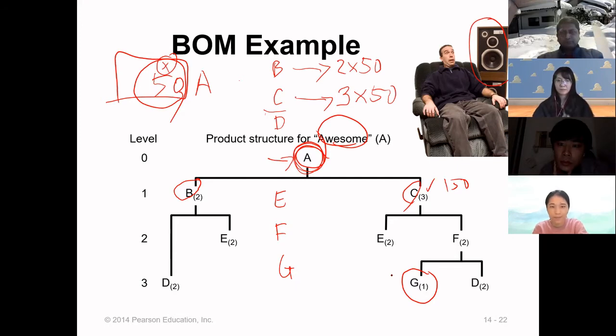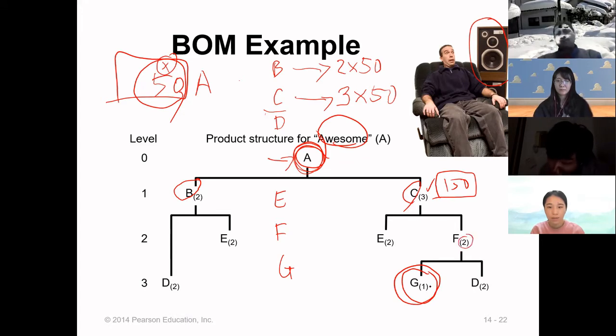How do you get 300? 150 multiplied by 2, multiplied by 1. Do you get the same answer, Liang? For G, do you get the same answer, 300? Yeah, it should be 300. C multiplied by F, that means 2. That means 150 into 2, 300. And again, G is 1 of F, that means it is 300.